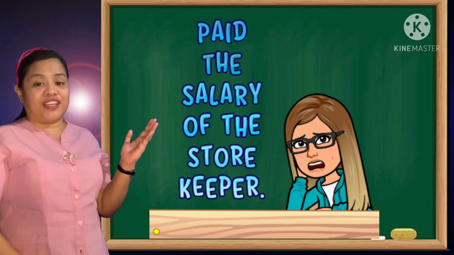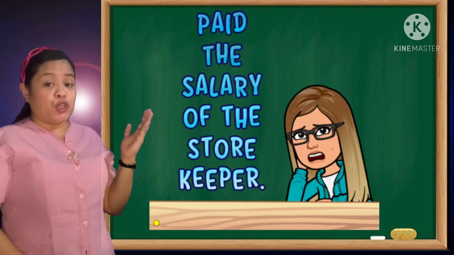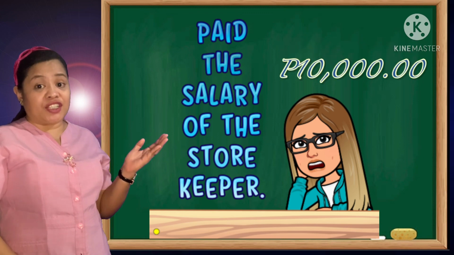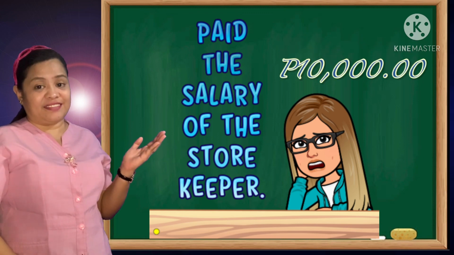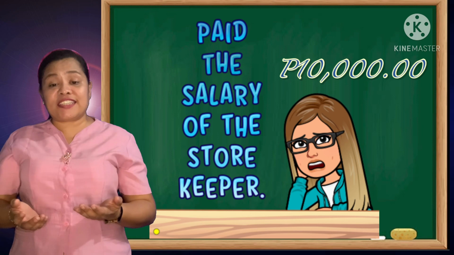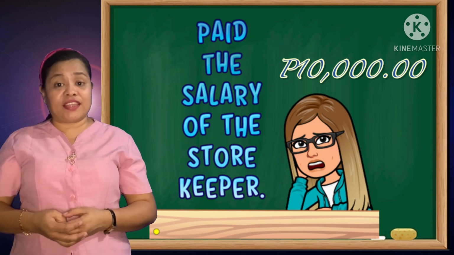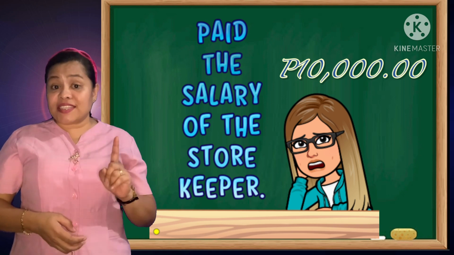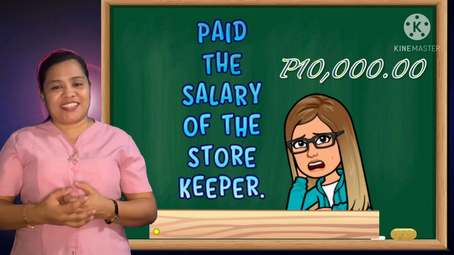So here's another illustration. You pay your storekeeper 10,000 pesos in cash as his salary. Since it has a monetary value of 10,000 pesos and has a financial effect on your company, this event is also a business transaction.